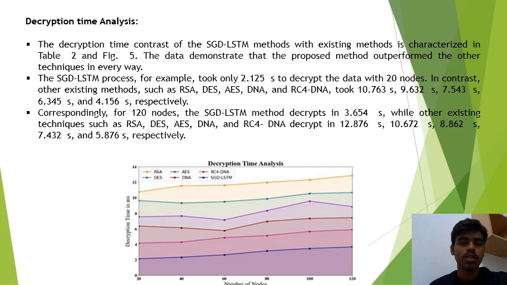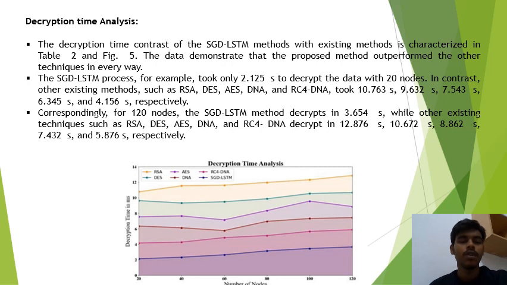The SGD LSTM process, for example, took only 2.125 seconds to decrypt the data with 20 nodes. In contrast, other existing methods such as RSA, DES, AES, DNA, and RC4 DNA took 10.763 seconds, 9.632 seconds, 7.543 seconds, 6.345 seconds, and 4.156 seconds respectively.